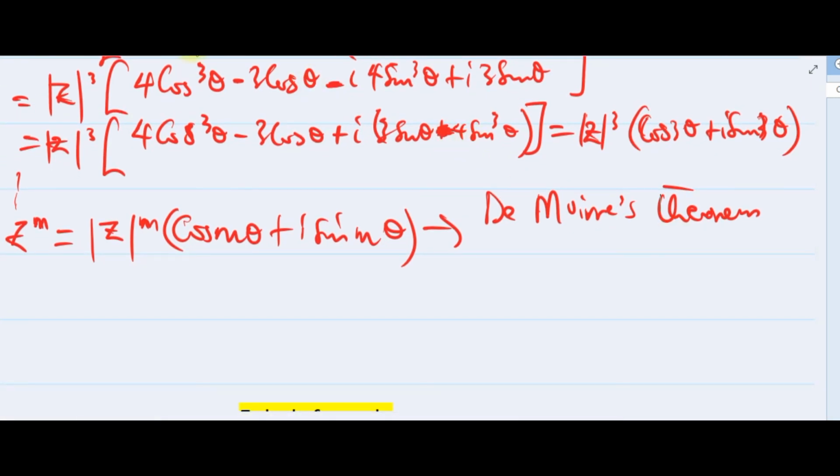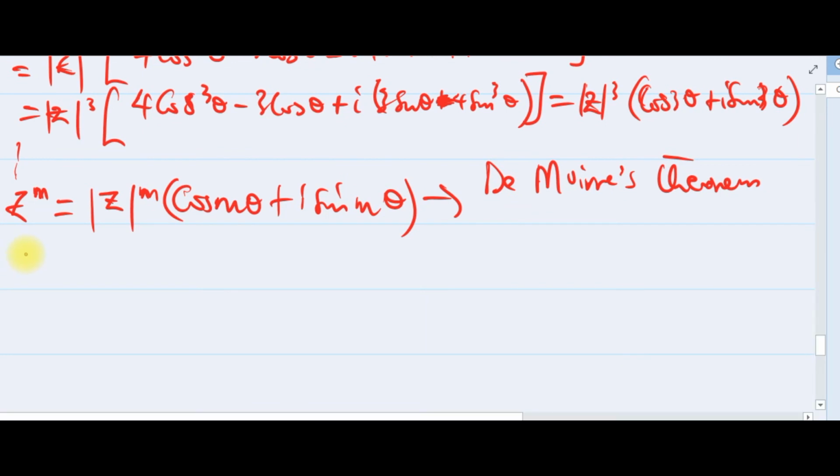Example, if someone asks you to evaluate maybe 1 minus i raised to power 4 or 8, the only way we can solve it is to convert to polar form and use de Moivre's law. That's the only way. Remember, our modulus is root of 1 squared plus 1 squared, root 2.